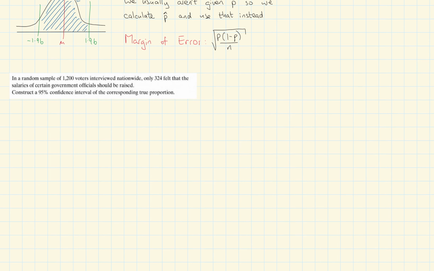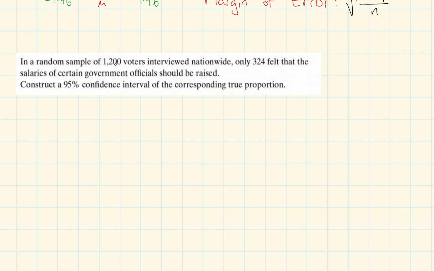Okay, so we'll have a look at this question. So they tell us 1200 voters, 324, and then here's our question itself. Okay, so we have to calculate p hat first.